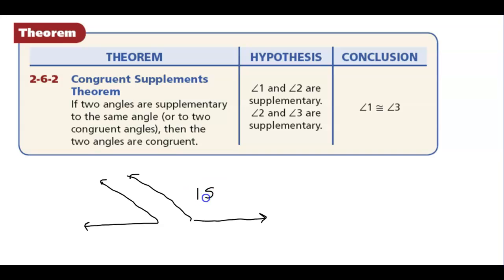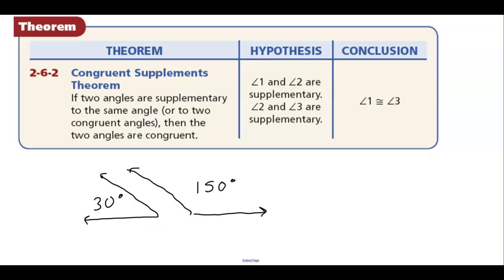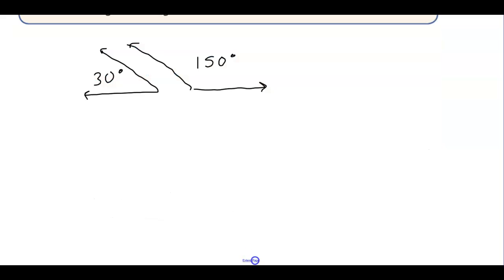So let's say this is 150 degrees, that means this one would have to be 30 degrees because that would be 180. And then there's another angle that is also supplementary to 150. That angle would have to be 30 degrees.